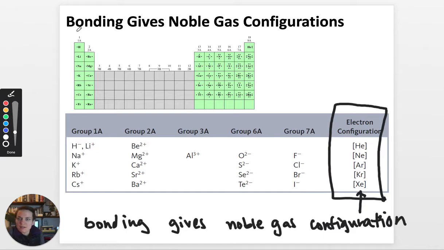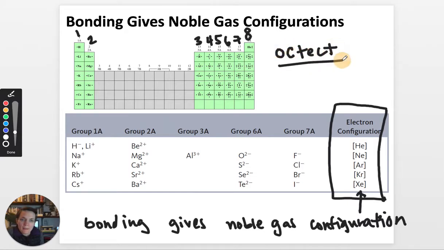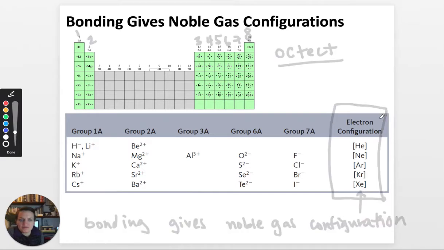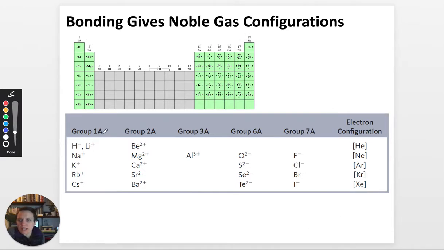Right, so here we have 1 valence electron, 2, 3, 4, 5, 6, 7, 8. Noble gases have 8 valence electrons. We call that a complete valence shell, also known as 8 valence electrons, or a complete octet.